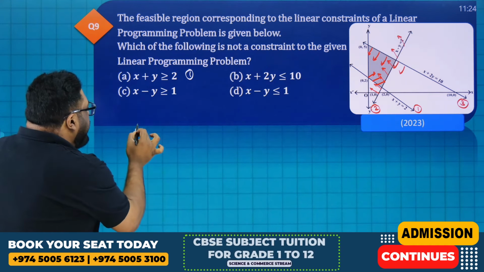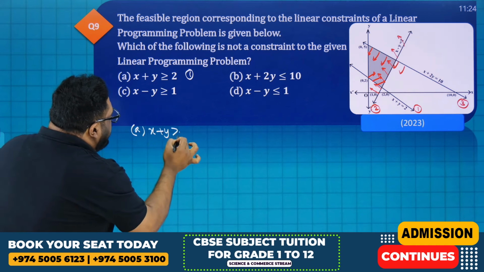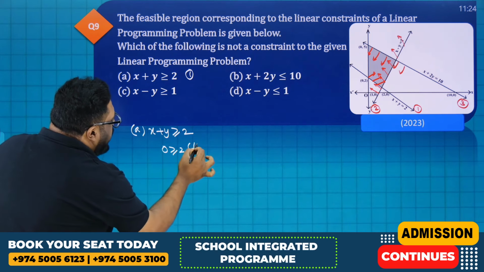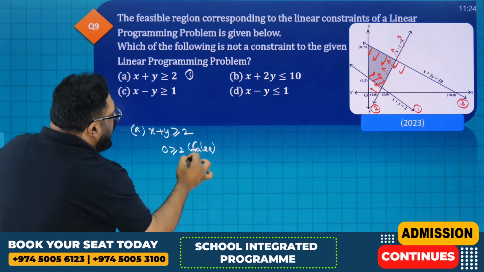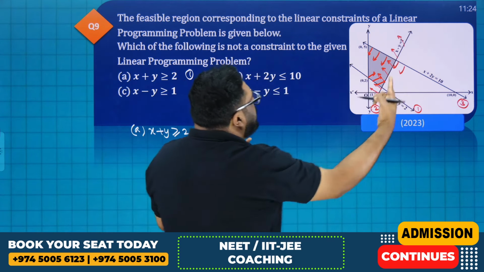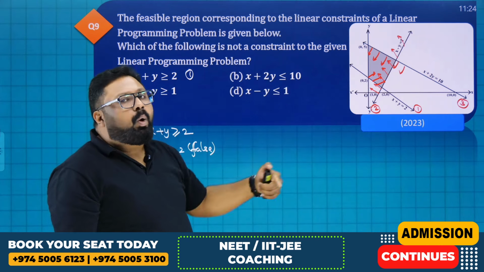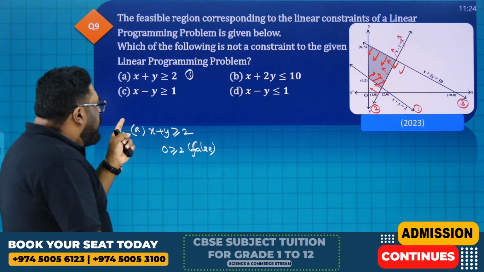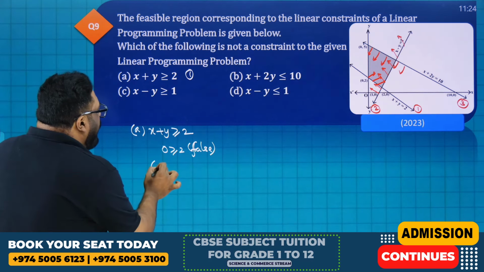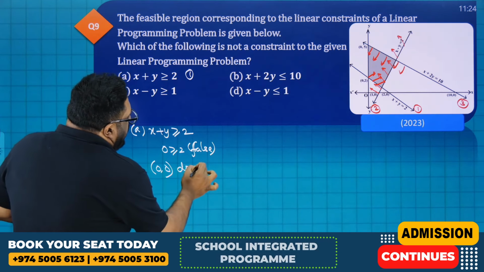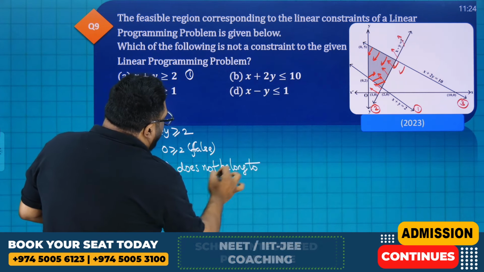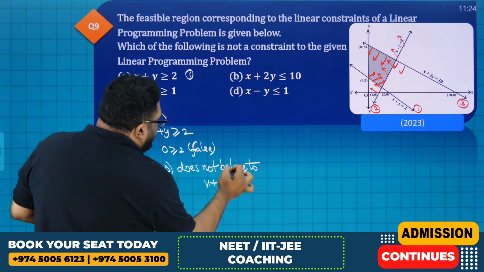In x plus y greater than or equal to 2, substitute origin: 0 greater than or equal to 2 is false. Origin does not lie in x plus y greater than or equal to 2. Equation number 1 says origin should not be a part of it. Now you got option A also, origin should not be a part of it. So 0, 0 does not belong to x plus y greater than or equal to 2.